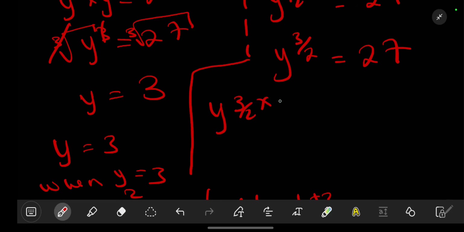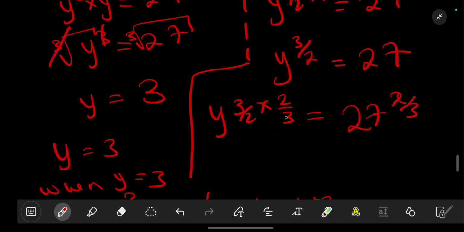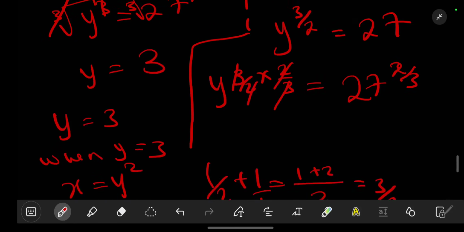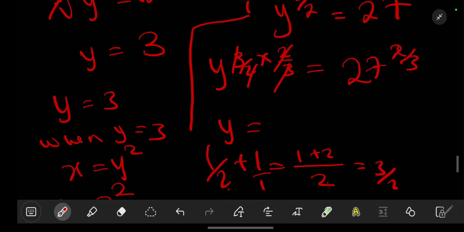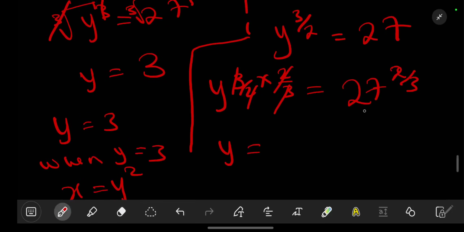So what we are going to do is, with y to the power 3 over 2, we are going to introduce the multiplicative inverse, which will be 2 over 3, on both sides. So 27 to the power 2 over 3. This is going to give us y is equal to, this is the same as the cube root, so this 3 comes as the cube root, then we are going to have power 2.